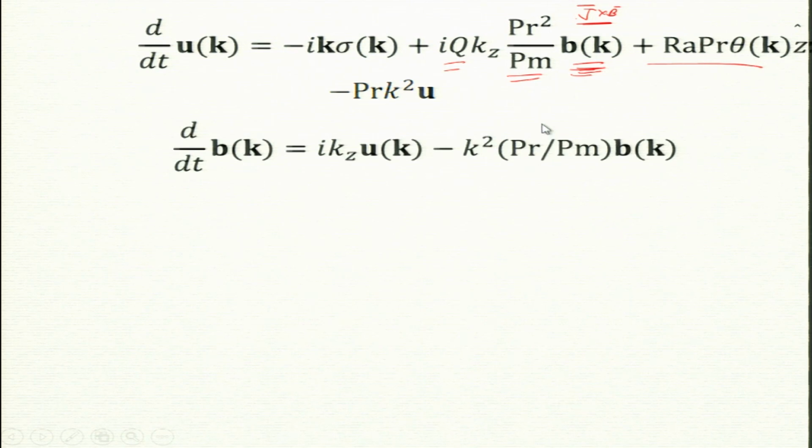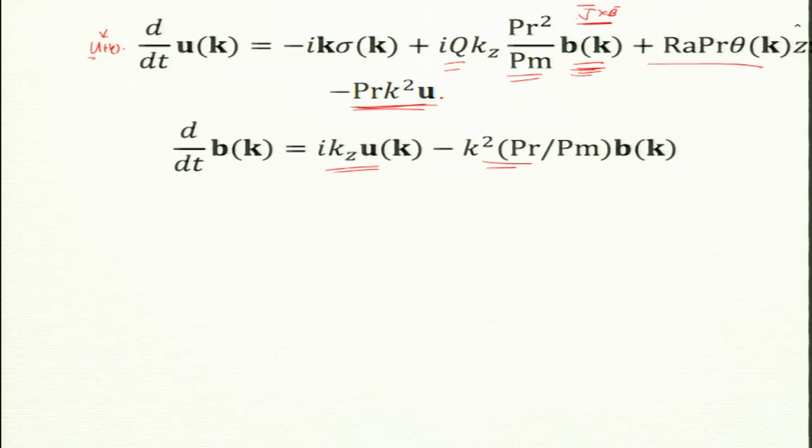Now, we need the equation for the magnetic field. So, if you drop the nonlinear term, we get these 3 terms, and this one. This is a diffusion term for the magnetic field. So, these are all negative definite in terms of energy. If I dot this with u star k, this is always a negative definite quantity, because if I dot this with u star, what will I get?